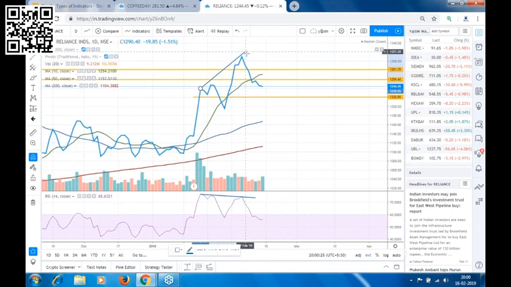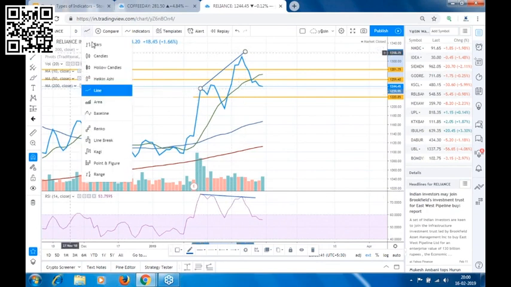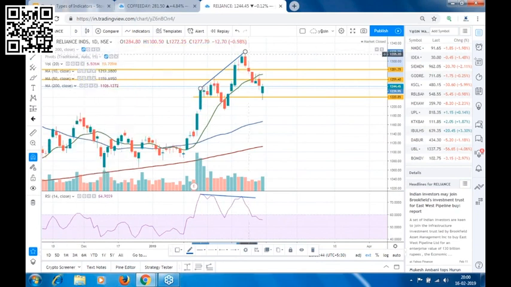There is a clear divergence in the stock. RSI, the slope is downwards, price is making a higher high. And we also got a reversal candle.